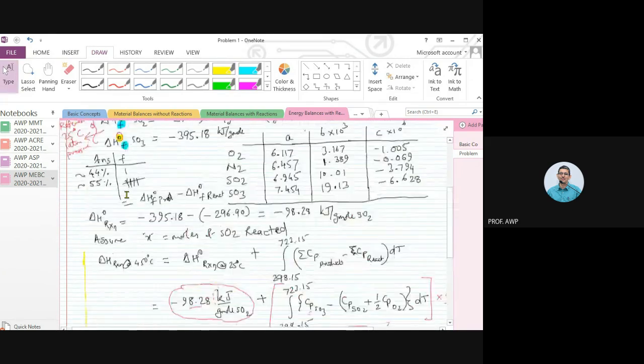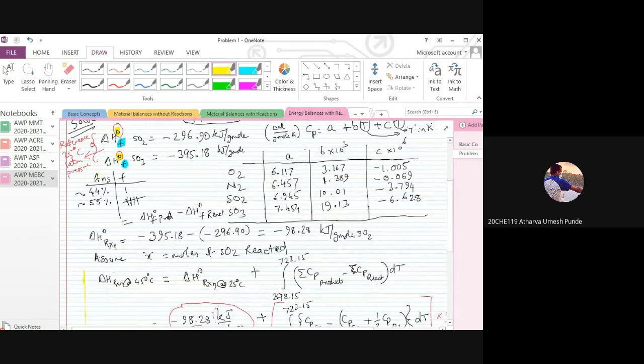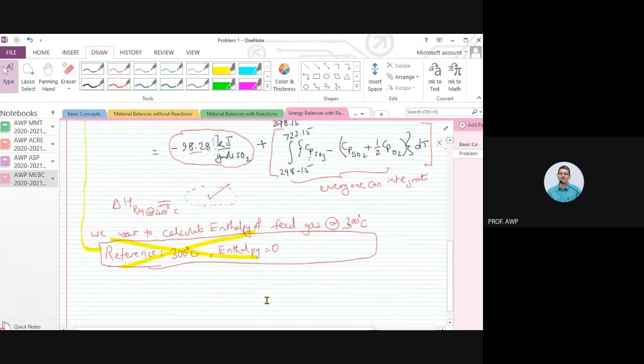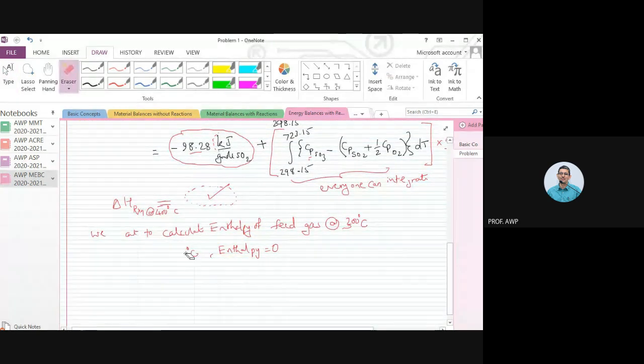Atharva, do you agree? Yes, sir. So these values we have already taken for our calculations, and unknowingly we have already assumed that our reference is 25 degrees centigrade, 1 atmospheric pressure. So what you should say is, now let us calculate the enthalpy of the feed gas at 300 degrees centigrade with respect to the reference, which is 25 degrees centigrade.